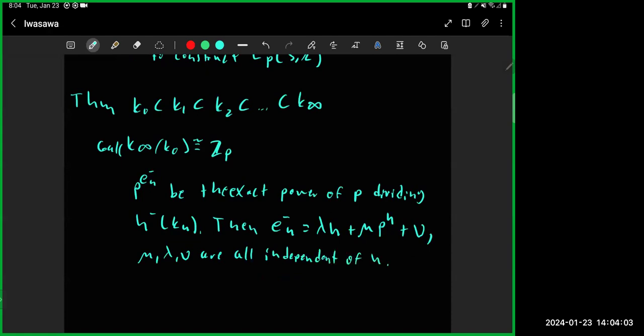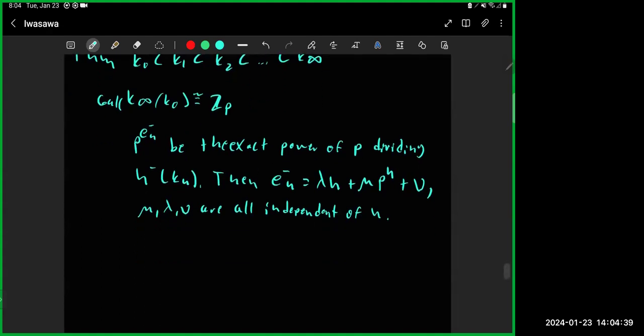So if you can calculate mu, lambda, and nu for k_0, you can extrapolate using this formula for any n in this tower of field extensions, and then we immediately know what power of p exactly divides the class numbers in our tower of fields.